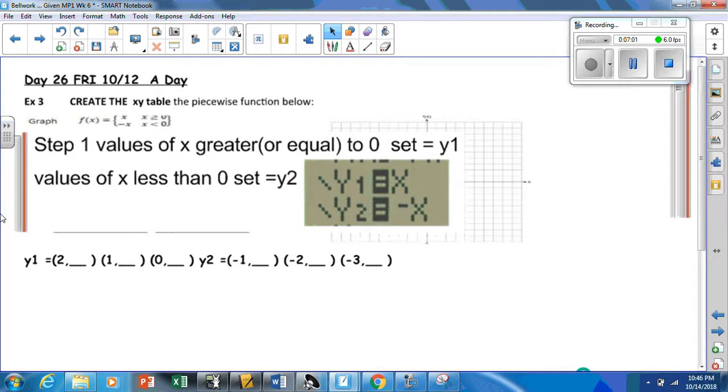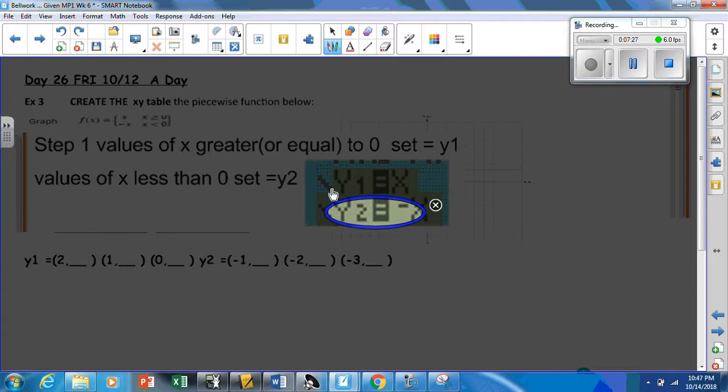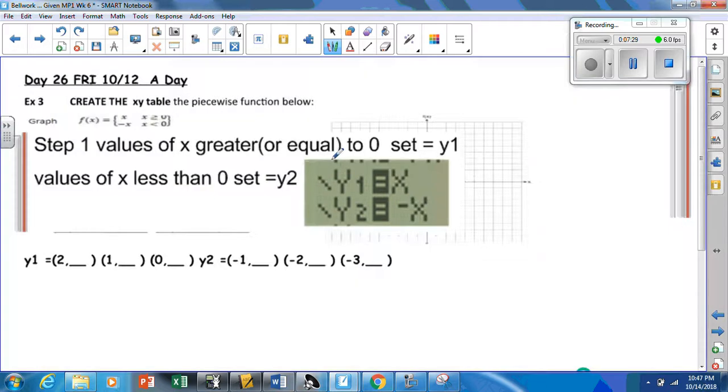Step 1, values of x greater than or equal to 0, we set equal to y1. In contrast, values of x less than 0, we set equal to y2. So this is our y2 value, and these are our y values.